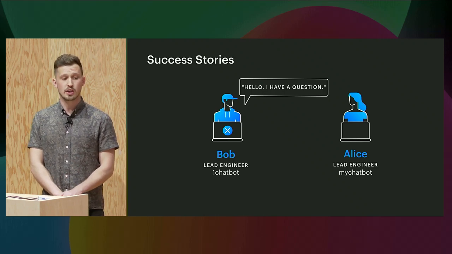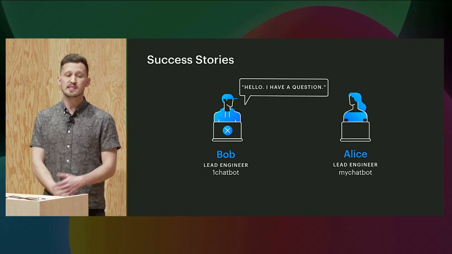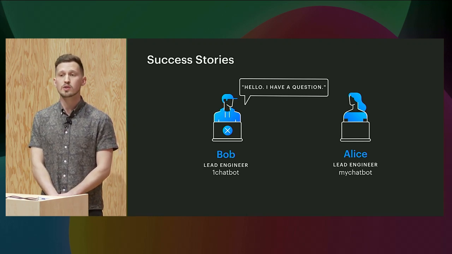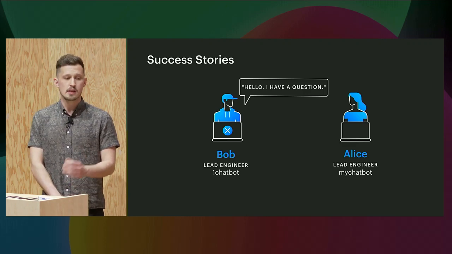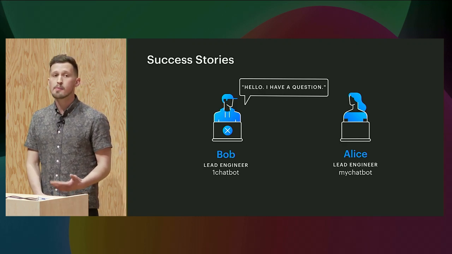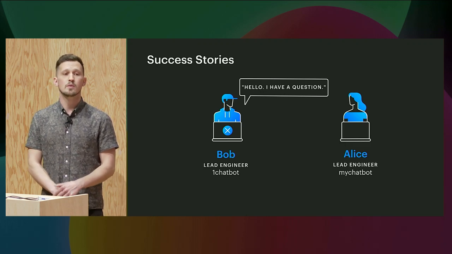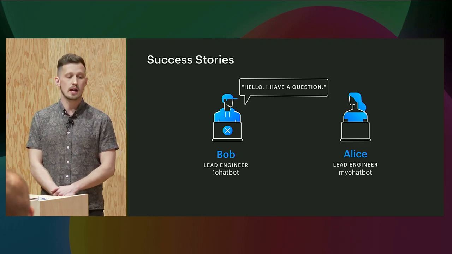She sees Bob's question and quickly recognizes that Bob is not correctly handling post requests in his callback PHP file. She answers his question by providing a code snippet, which unblocks Bob. Bob, in return, selects her answer to pin it to the top. Alice receives a badge for answering a question correctly.